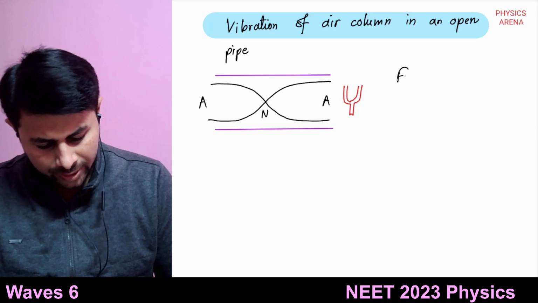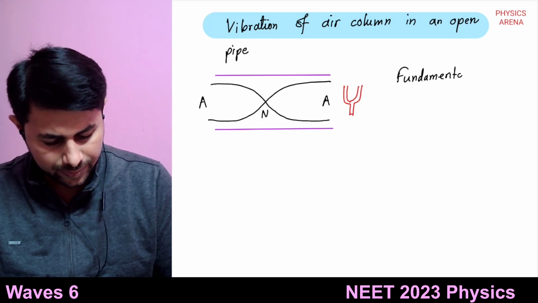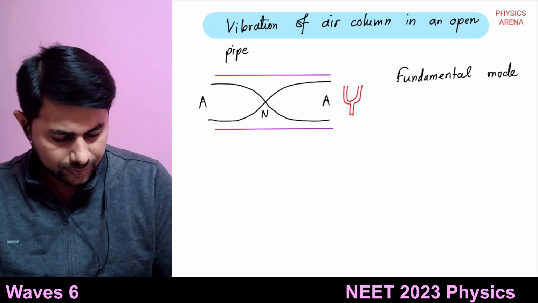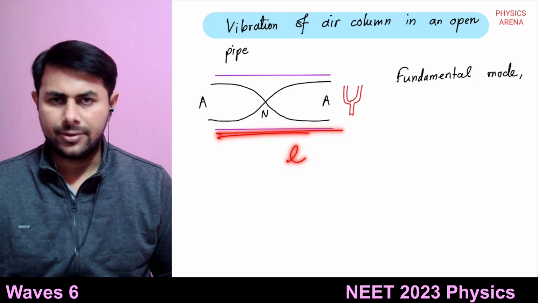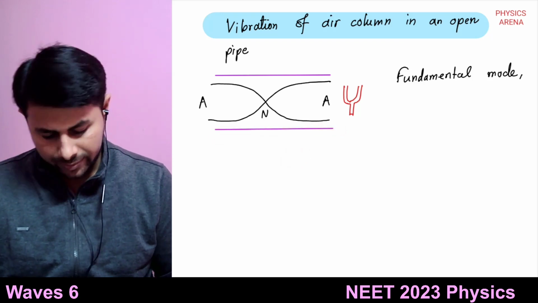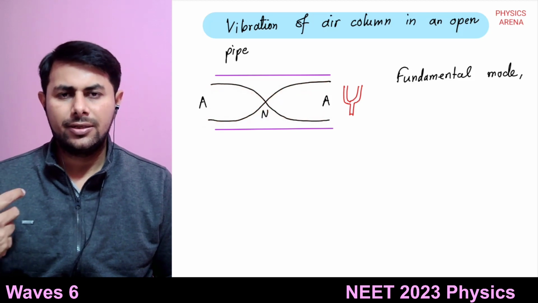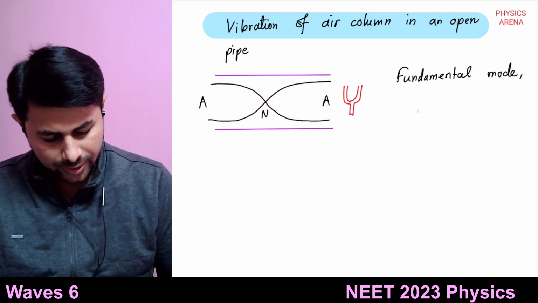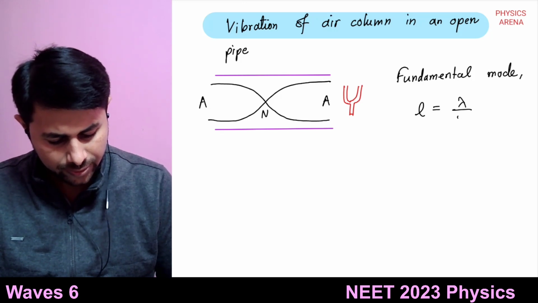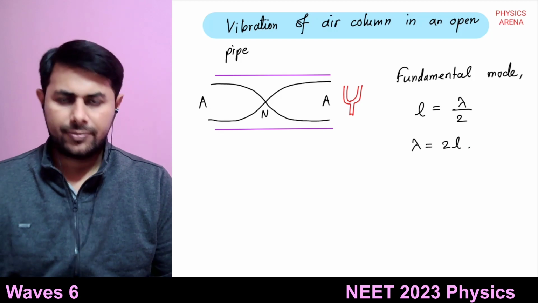So for the fundamental mode, in case of the open pipe now, how much is this length? This length is suppose L. In terms of lambda, this is lambda by 4, this is lambda by 4. That means it is lambda by 2. Okay, the total length is lambda by 2. So L is equal to lambda by 2. That means lambda equals 2L.